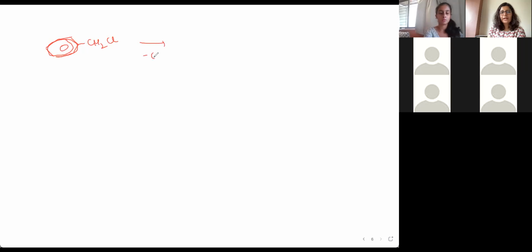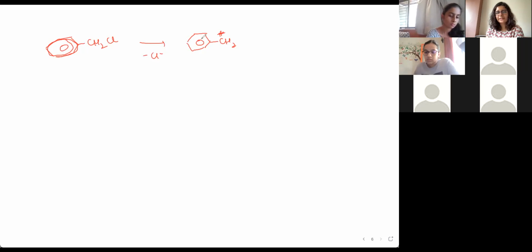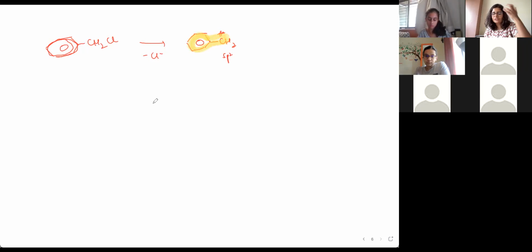When this carbocation is formed, it is going to be resonance stabilized. This is also an sp2 carbon, so the electron cloud that is delocalized over the ring is going to extend to this pair of pi electrons also, the way tertiary carbocations are stabilized.